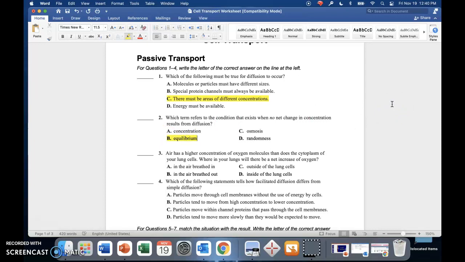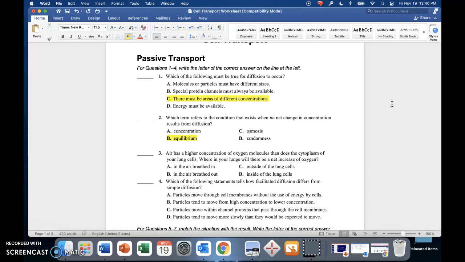Now, one of the ways this works in our body is how we get oxygen into our bloodstream. The air that we breathe in, or the air in the room, so to speak, has a higher concentration of oxygen than what we have in our lung cells.